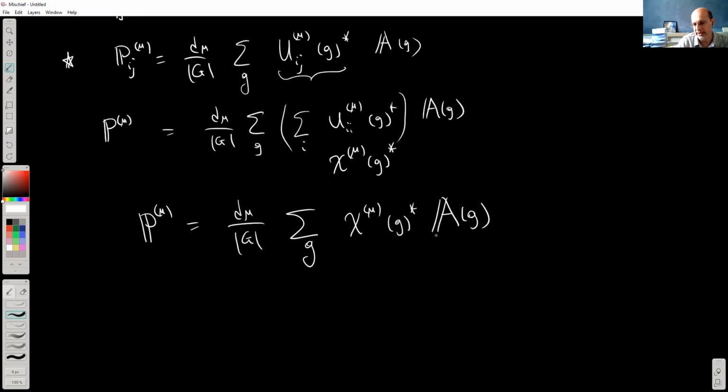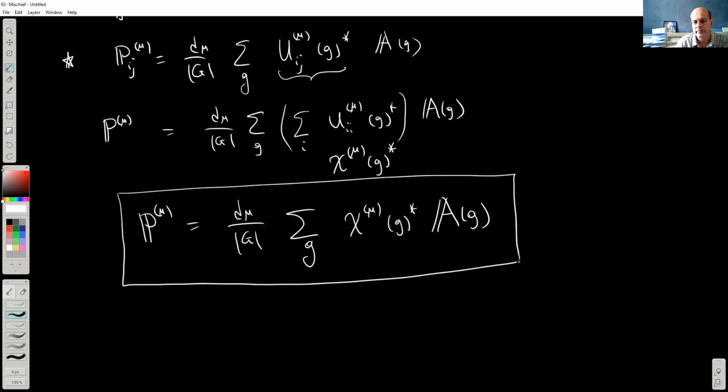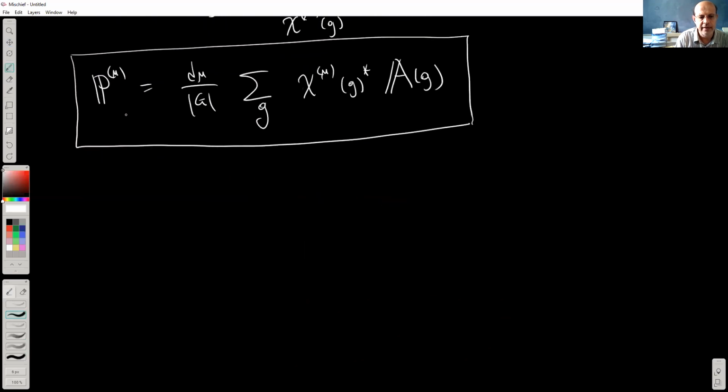So I need a sum over the group elements in here. Therefore, P_mu can be computed by using the character table.